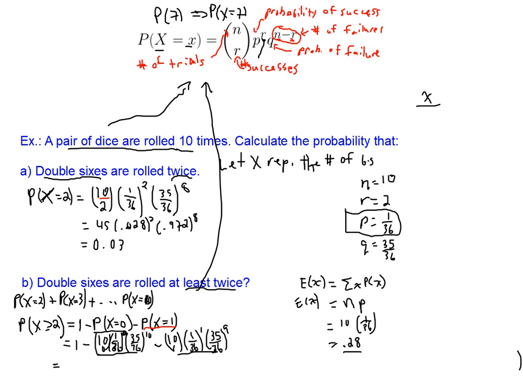We could still create a table with all of the possible outcomes listed here, well, when we toss 2 dice 10 times, we could have, and remember our expected value is the number of sixes. Well, we could have 1 six, 2 sixes, 3 sixes, this is 4 sixes, and so on, all the way up to 10. So this is what I mean about it gets kind of long, and how spreadsheets would be handy here.